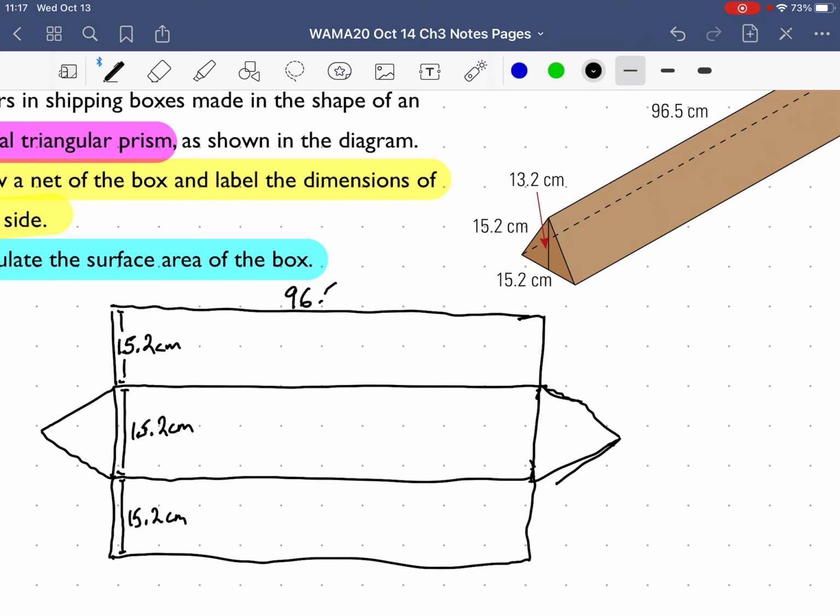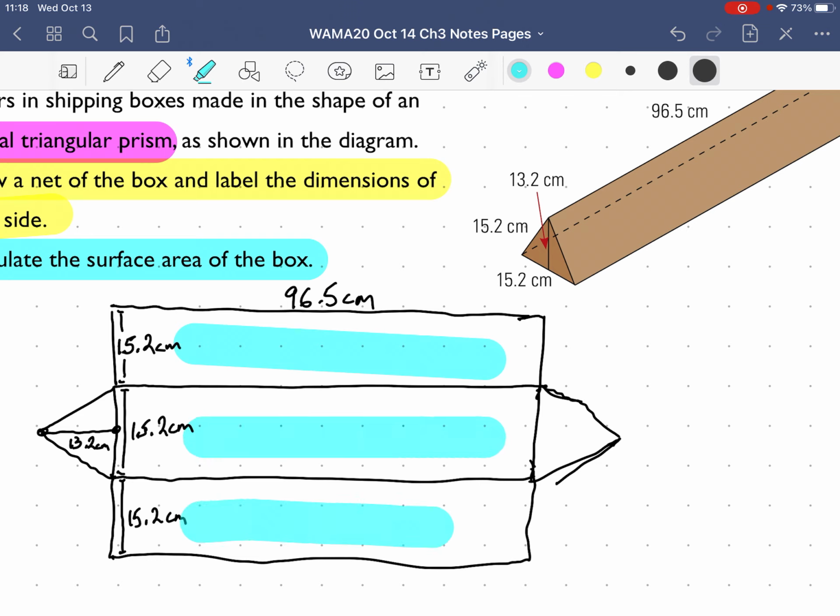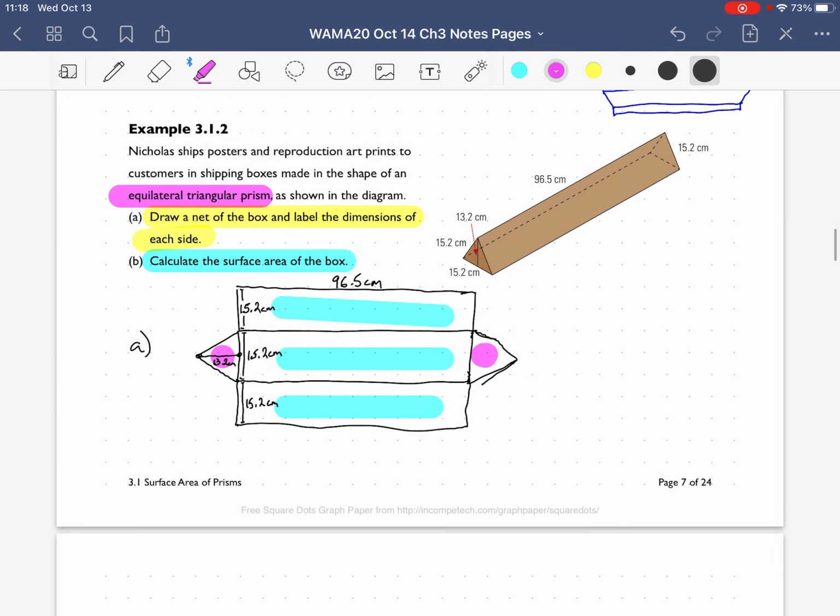Oh, isn't that nice? It's 96.5 centimeters long. And the height of this triangle is 13.2 centimeters. This rectangle is the same size as this rectangle, is the same size as this rectangle. This triangle is the same size as that triangle. So that is letter A.